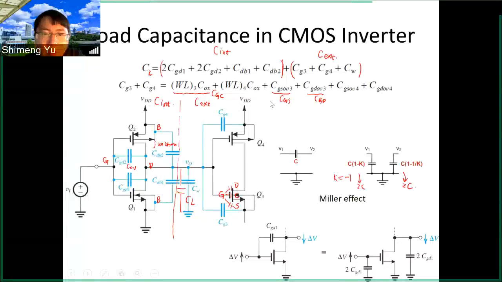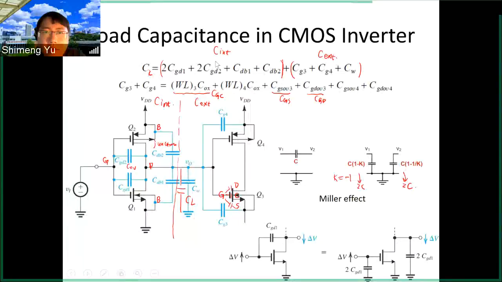And this slide is kind of complicated, so I don't require the detailed breakdown of those capacitance in this course. But at least you need to understand the capacitance attached to the output node has two major parts.